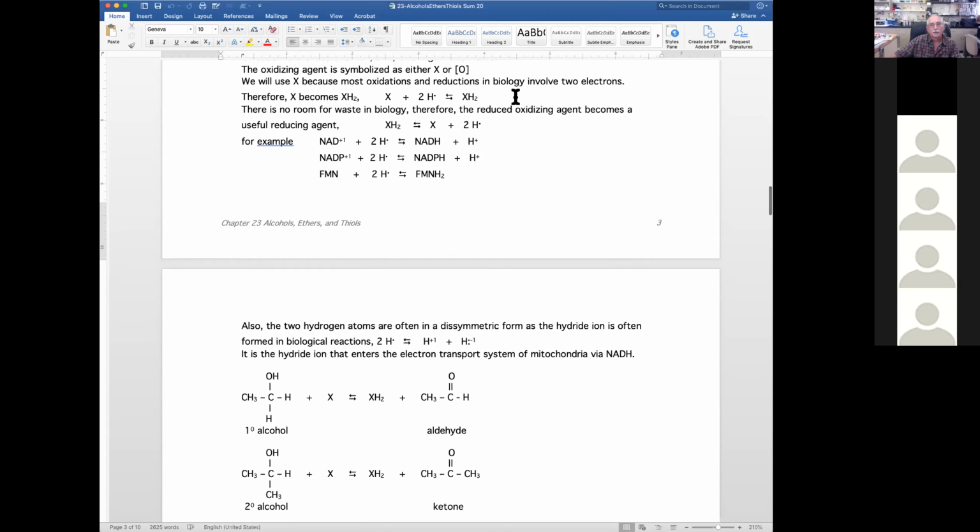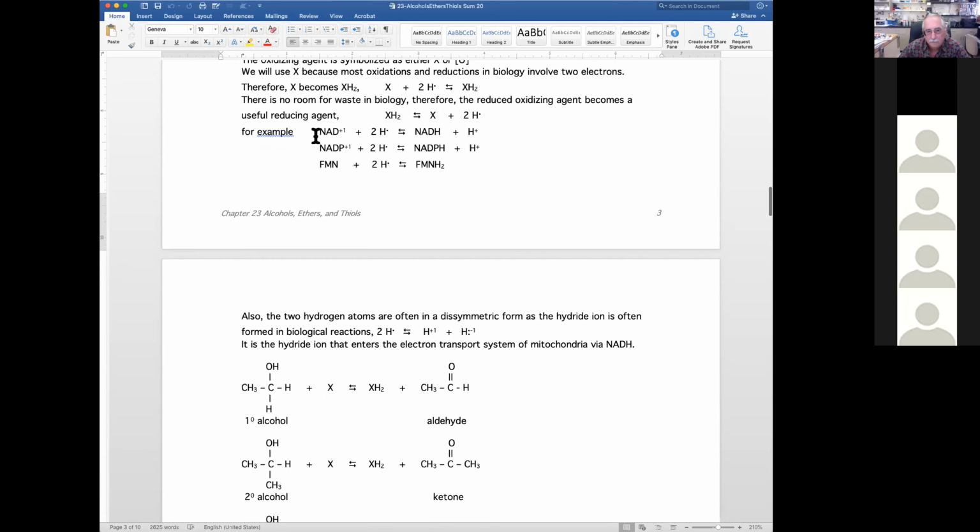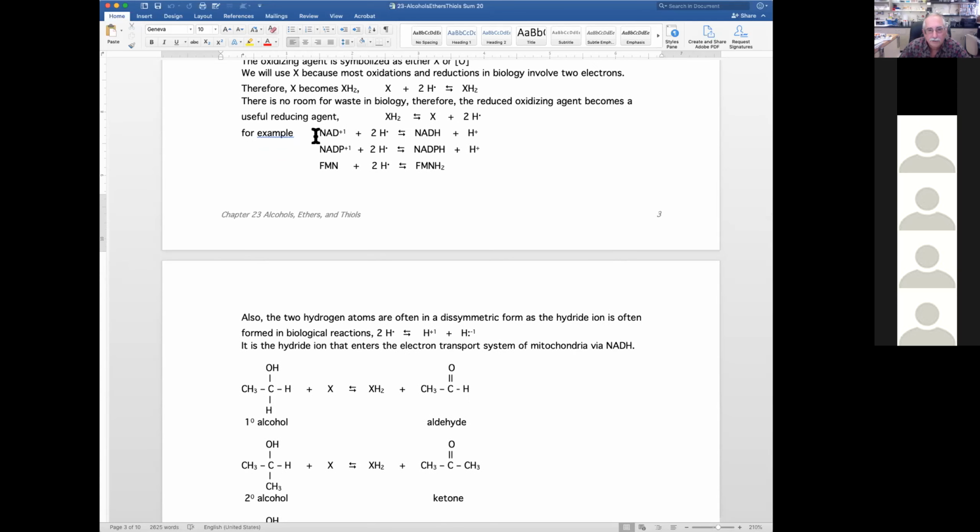So here's an example. NAD is a biological oxidizing agent. It takes 2 electrons and 1 hydrogen and forms NADH, leaving 1 hydrogen off on its own. In other words, if you do this reaction, you decrease the pH, right?